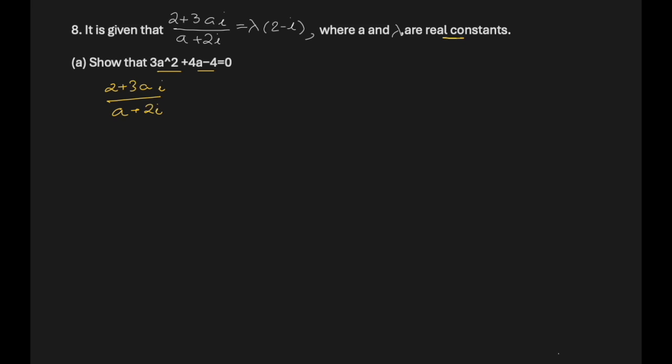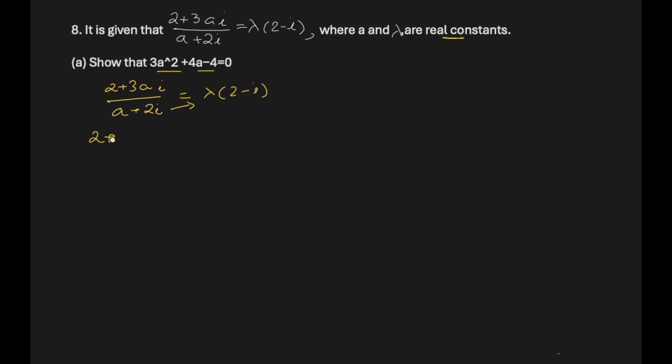Let's rationalize this. Are we getting something in terms of a squared plus 4? No, we are not getting that. So let's do something else. This was the equation. Let's cross multiply.